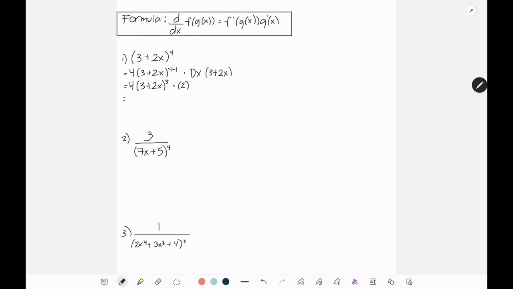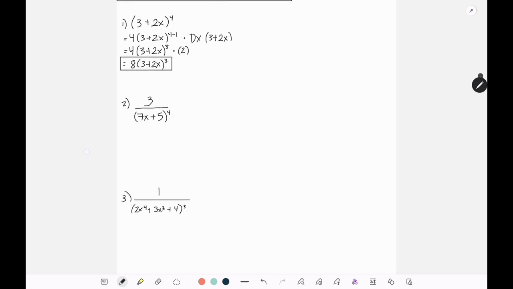Now, after that, etong nasa labas ay pagmumultiplyin natin. So, 4 times 2, it will be 8. So, 8, 3 plus 2x raised to 3. So, yan na yung answer natin.